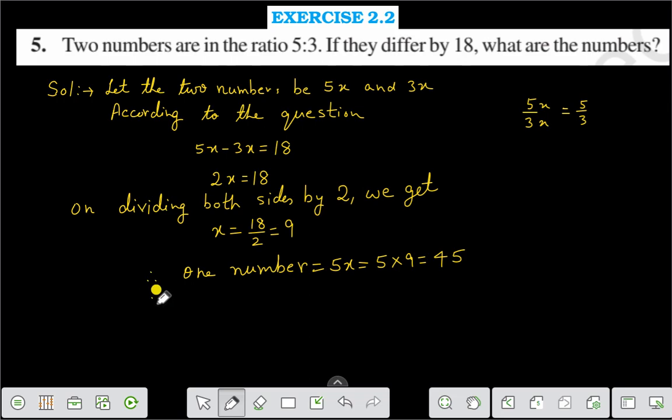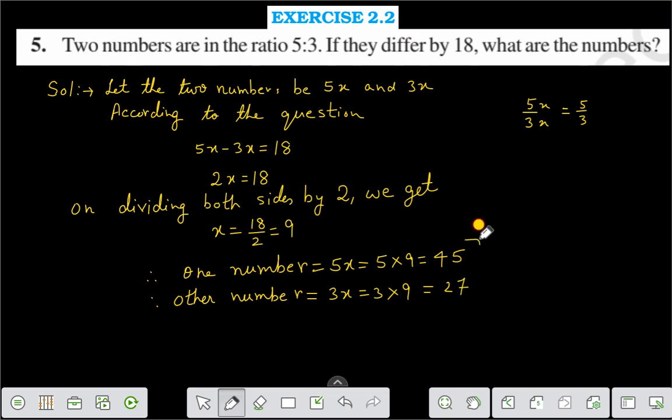And the other number we have taken is 3x, that is equal to 3 into 9, that is 3 nines are 27.